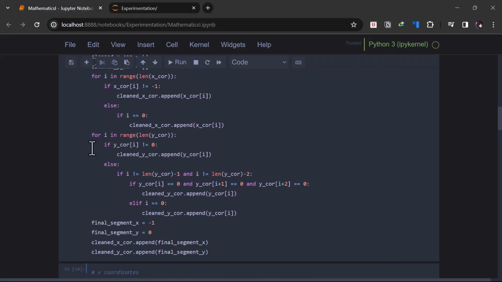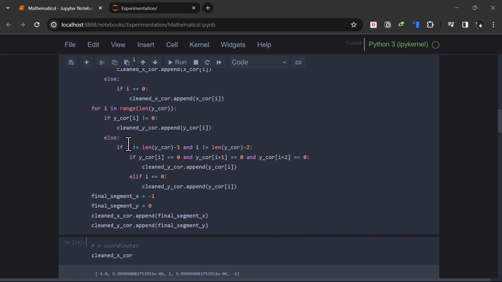The first condition is very easy to see: y of I is not equal to 0, so I'm excluding all the zeros from my list. This part of the code will only run if these two conditions are satisfied.